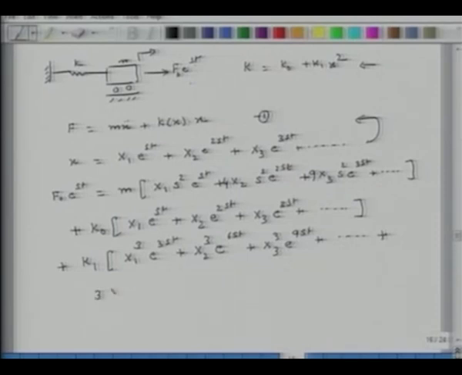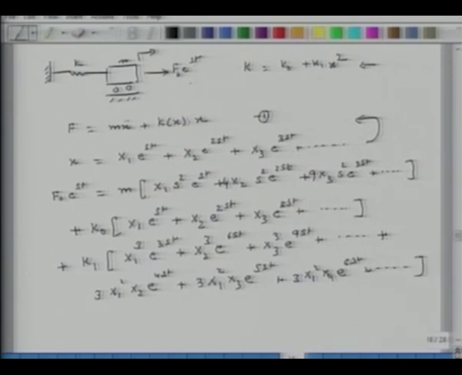So 3 x1 square x2 e^(4st) plus 3 x1 square x3 e^(5st) plus 3 x1 square x4 e^(6st). So I get an infinite number of terms here.